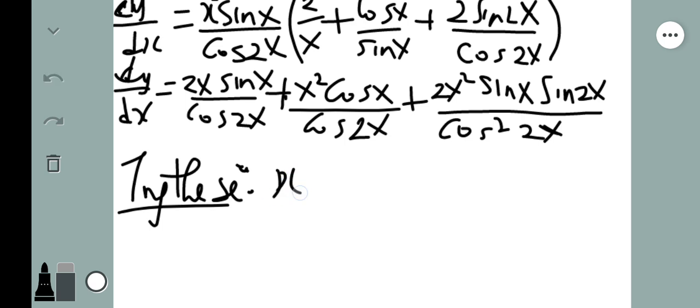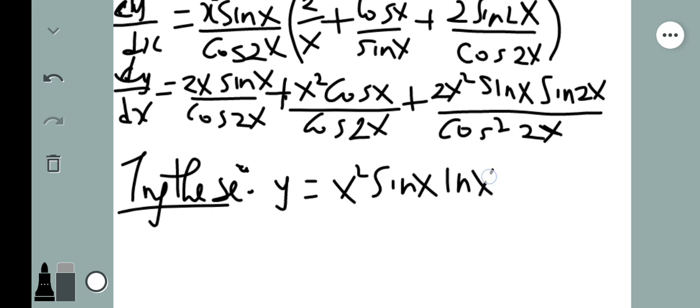I think the problem is y equals, let's say, x squared sine x ln x or something like that. Trying to remember, it's something like this. So solve this and see if you get the same answer as what we got in that previous video. If you get the same answer, then you are correct.